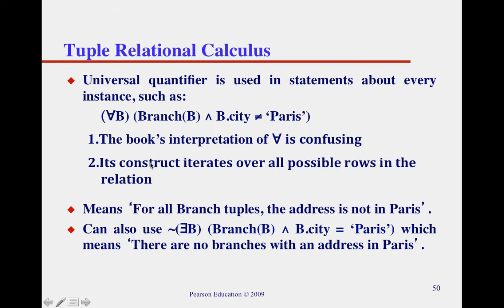So I found the book's interpretation of for all confusing. This is the way I think of it. For all B means that for every tuple in B, this predicate must be true. If for even one tuple in branch, this predicate is false, then the whole thing becomes false.